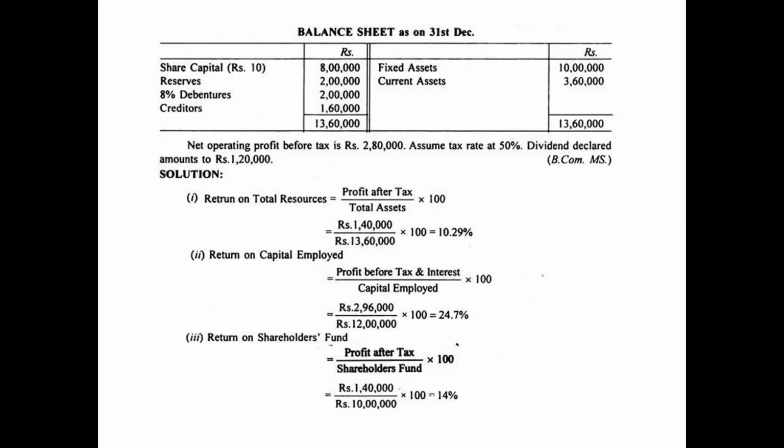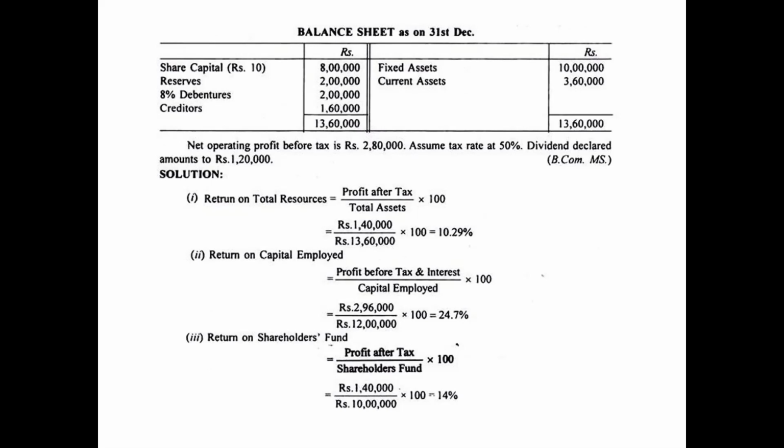Now, first of all, you'll put up the formula. So first, return on total resources. The formula is profit after tax upon total assets. Return means profit. Resources mean whatever resources you have applied in the business, like your assets. This is how you should remember the formula, a trick. So for profit after tax, we know profit before tax is 2,80,000, and we know tax is 50%.